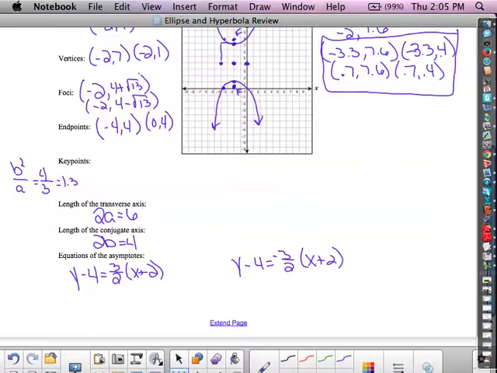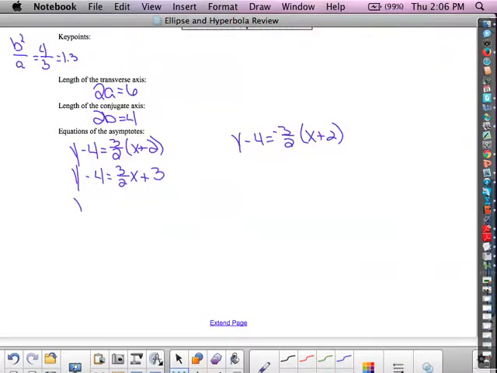Remember, if you draw this box, the asymptotes should go through the corners of the box and through the center when you're finished. So y minus 4 is equal to 3 halves x plus 3. So y is equal to 3 halves x plus 7. Here y minus 4 is equal to negative 3 halves x plus negative 3. So y is equal to negative 3 halves x plus 1.